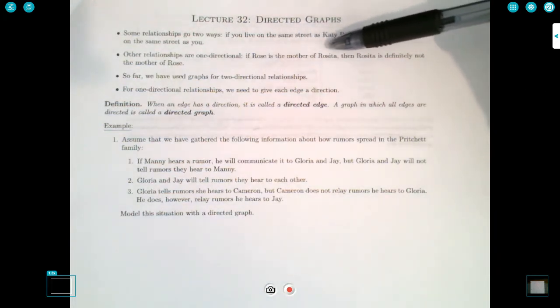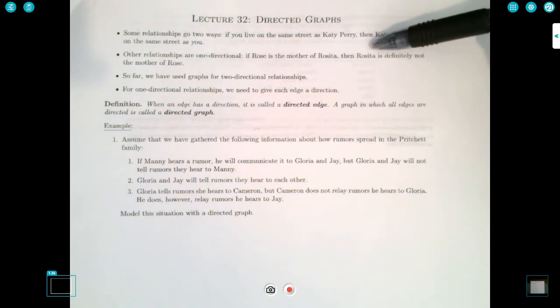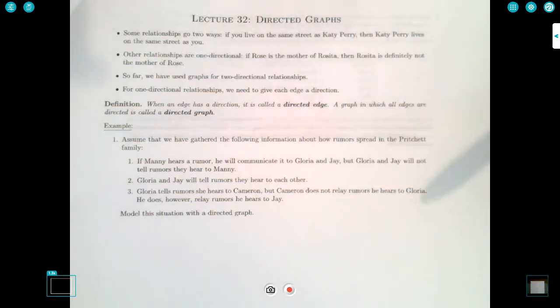But other relationships are one-dimensional, right? So if Rose is the mother of Rosita, then Rosita is definitely not the mother of Rose. Okay? So if you're trying to come up with a graph of motherhood relationships, right? Then the relationship between Rose and Rosita would only be one directional. Okay?